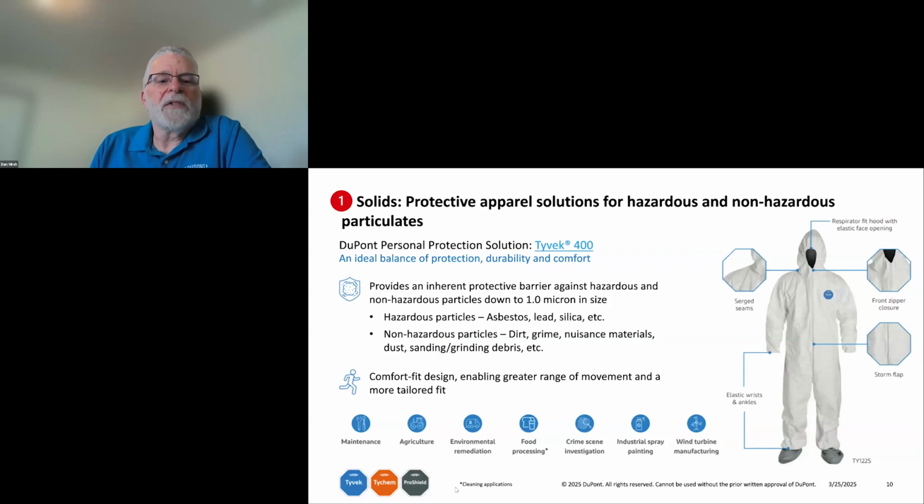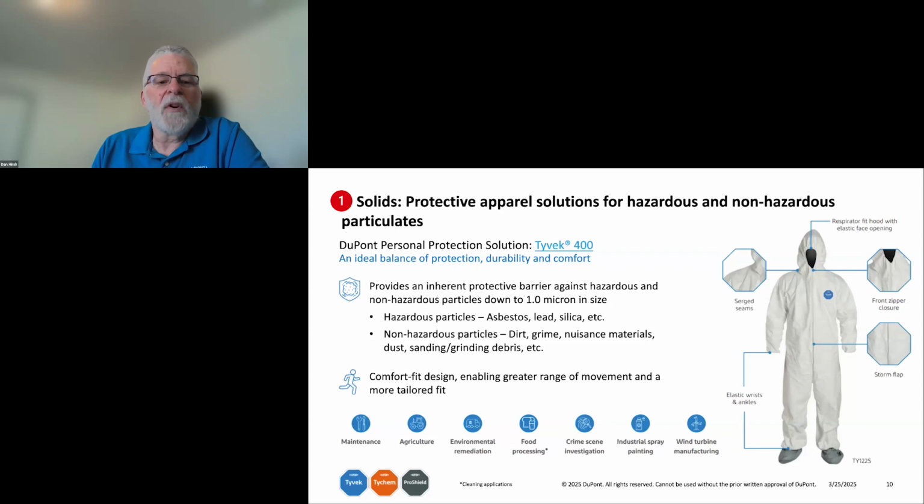So what is DuPont's solution? DuPont has a product called Tyvek 400, and it is an ideal balance of protection, durability, and comfort. What it does is provide an inherent protective barrier against particulate matter down to 1 micron in size. And we'll talk through that a little bit and how it sets itself apart from the competitive fabrics that are out there.